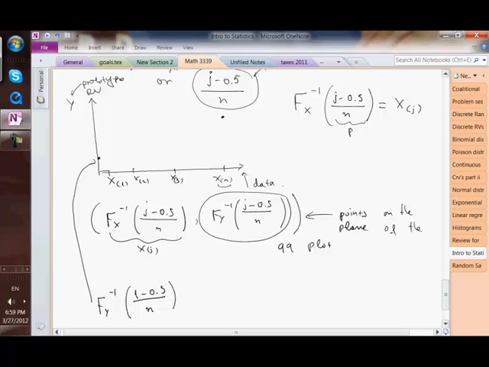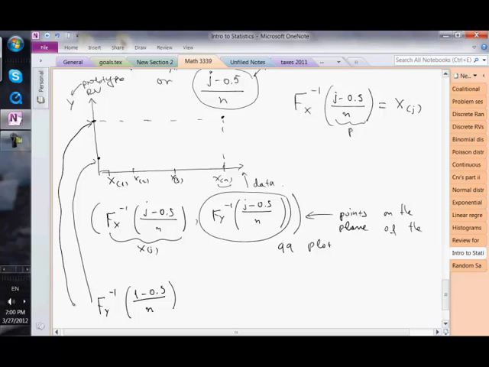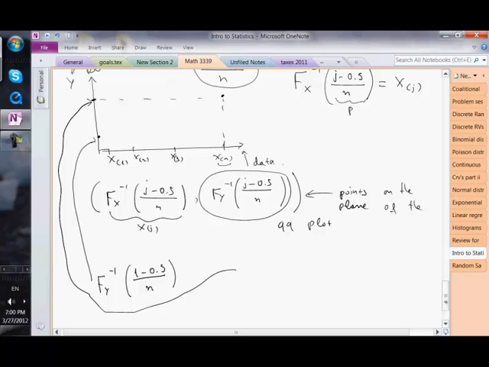The data point that corresponds to this would basically fit the following. It should be a point somewhere here. What should I put at this particular point? What I should put at this particular point will be F sub y inverse of n minus 0.5 divided by n.